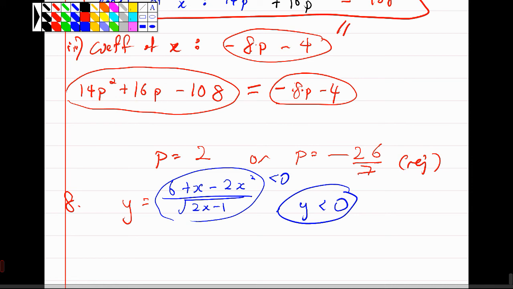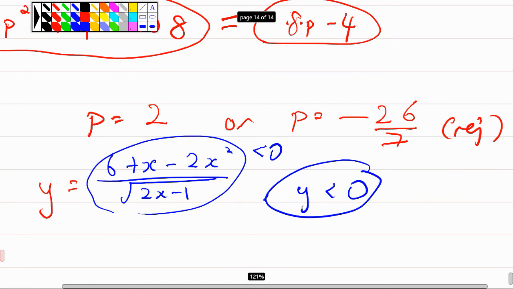Now, when this thing is less than 0, what does it mean? I have a fraction and I cross multiply. Can you multiply that thing over?